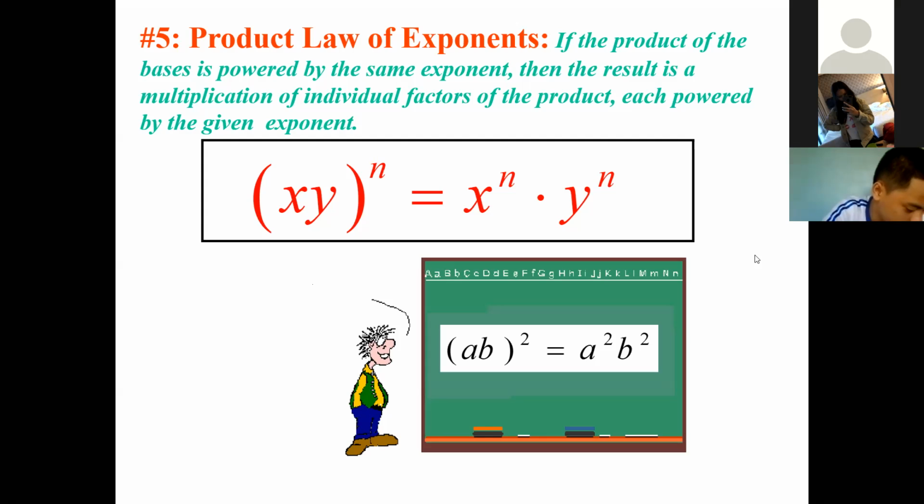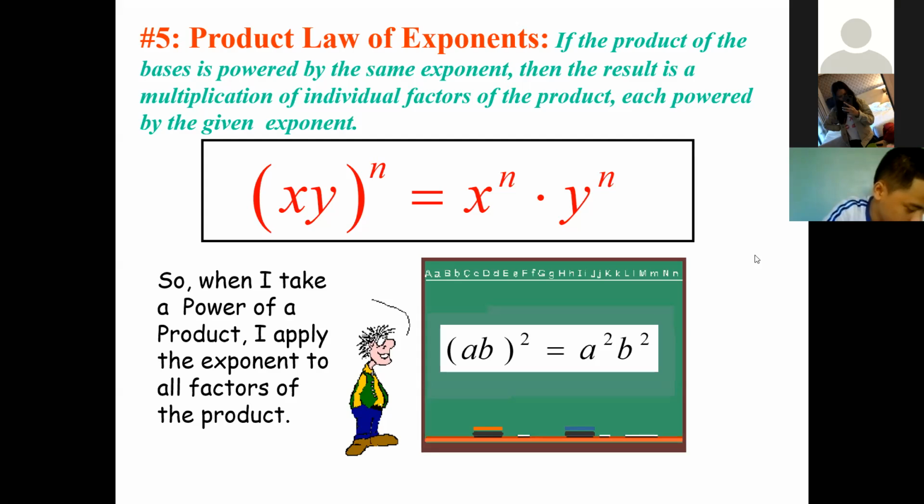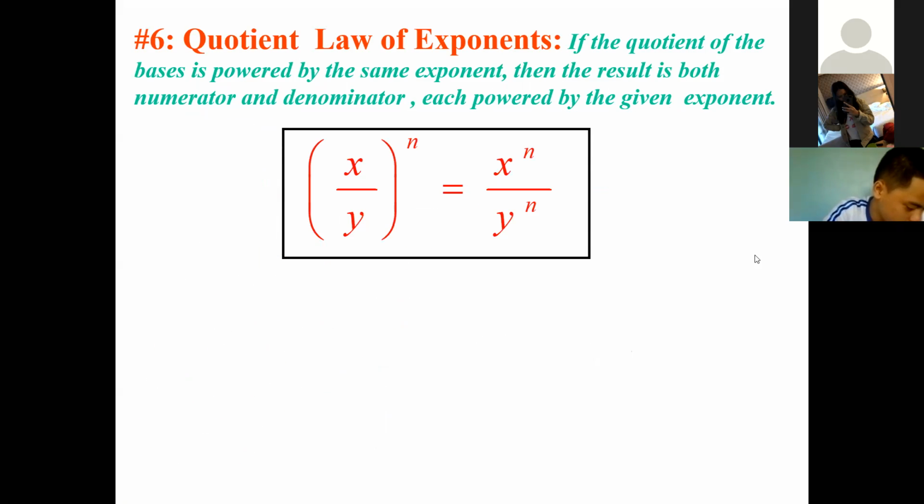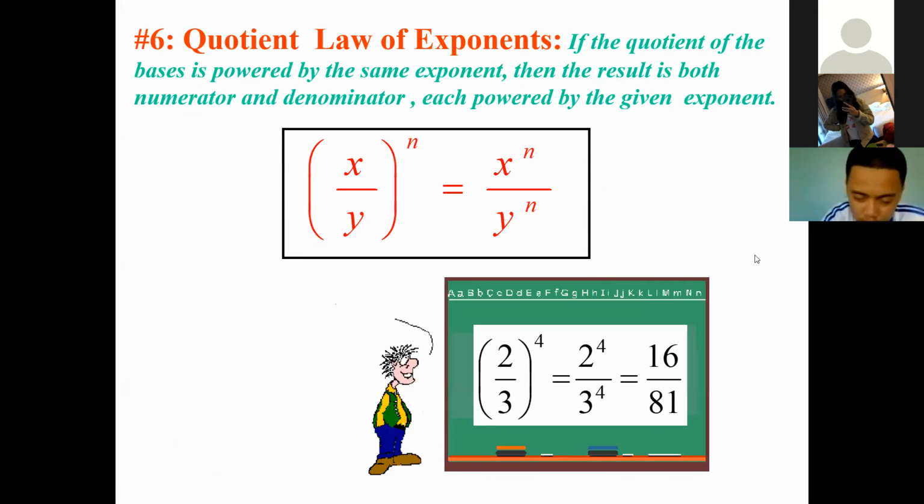Pag meron tayong power of a product rule, meron din tayong power of a quotient rule. So, paano gawin natin yung power of a quotient rule? Same pa rin. We just had to distribute the exponent to the numerator and to the denominator. For example, we have here 2/3 raised to the power of 4.